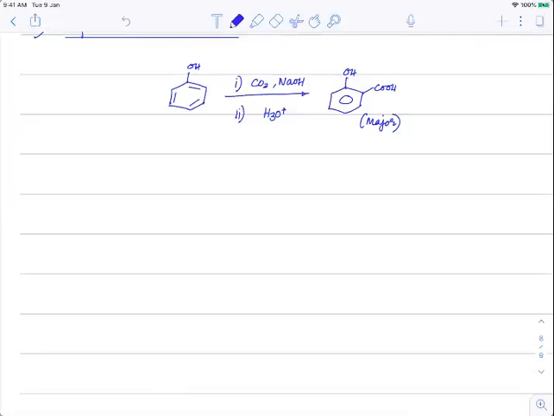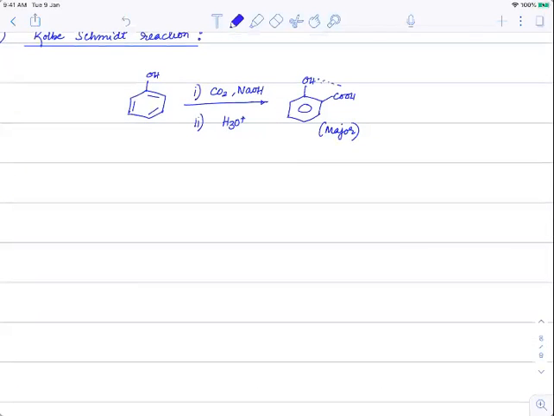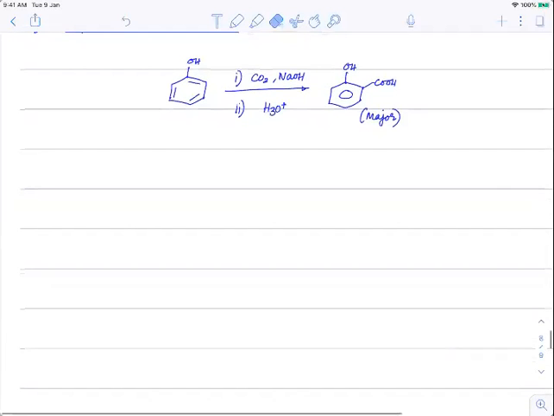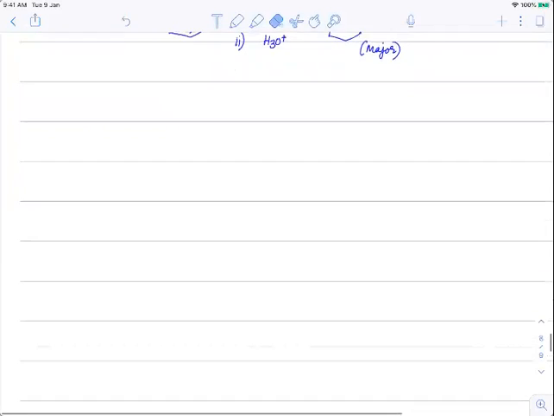Same salicylic acid is obtained. And why am I saying this is major? You remember that there is hydrogen bonding in this. Keep this in mind, otherwise in most cases we will get para only as the major product. Only when there is hydrogen bonding supporting, then we will get ortho as the major product. Okay.